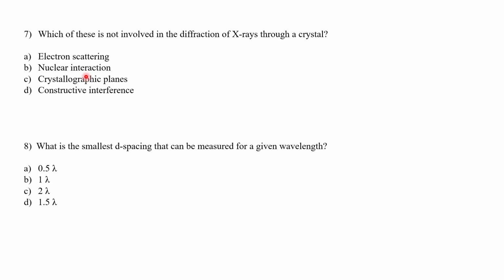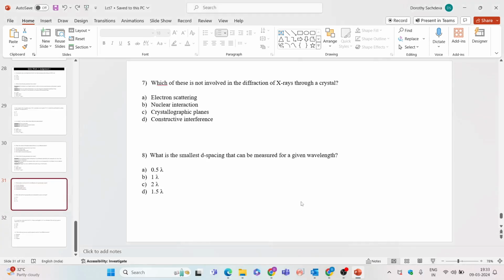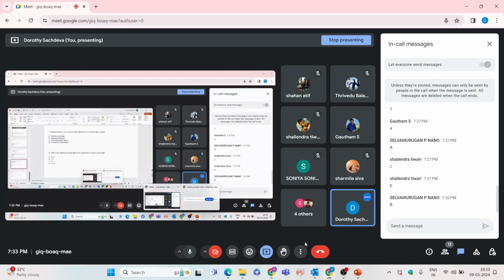We discussed how the diffraction is happening and how the scattered radiation is going after hitting the specimen. So which of these is not involved in the diffraction of X-ray? Any guesses?